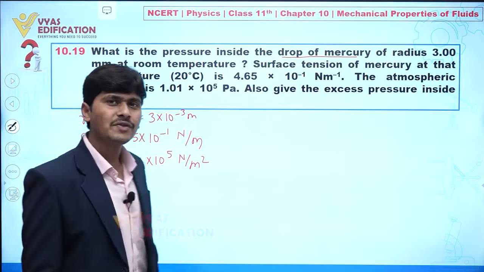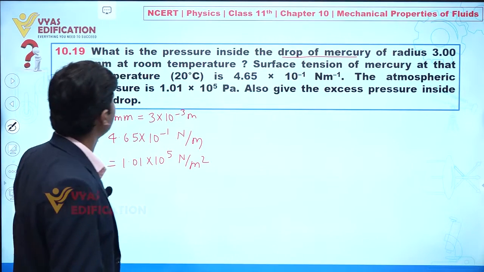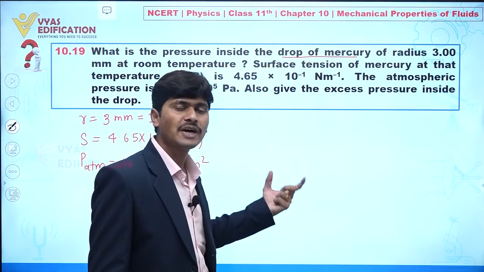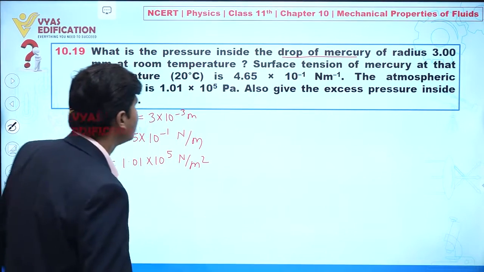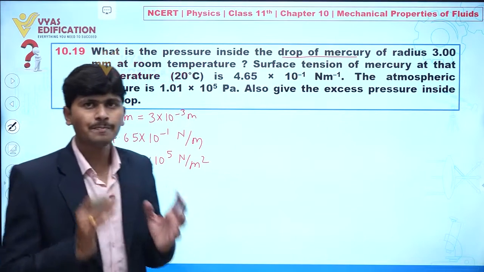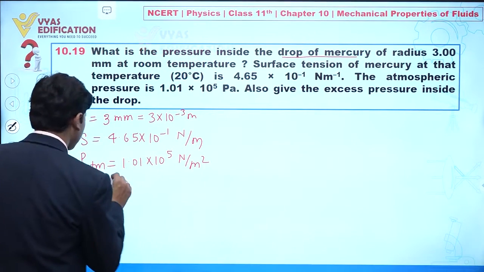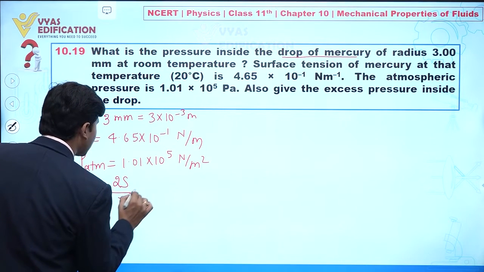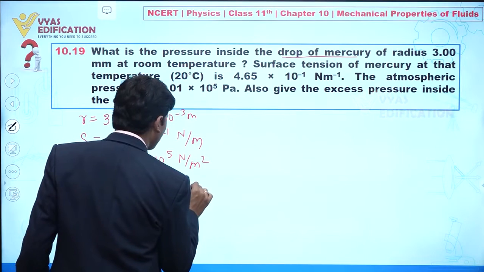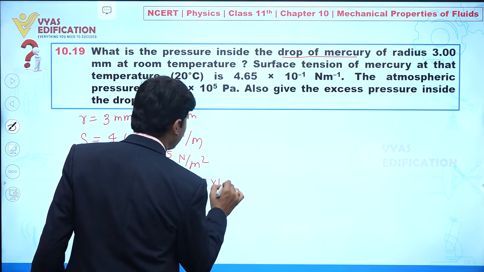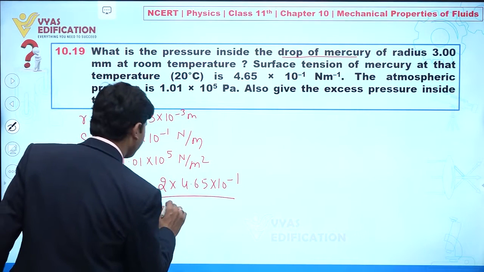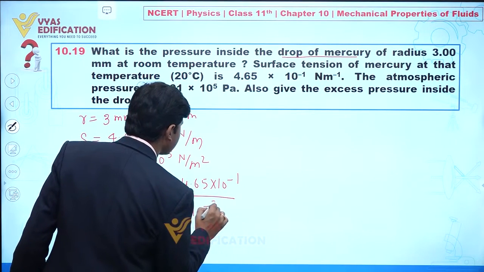Clear? Now we have to calculate, first, the absolute pressure inside this drop, as well as the excess pressure. So we know the excess pressure formula for a liquid drop is 2S by R. Now S is the value of surface tension, so 4.65 into 10 to the power minus 1 divided by the value of R. R is given as 3 into 10 to the power minus 3.